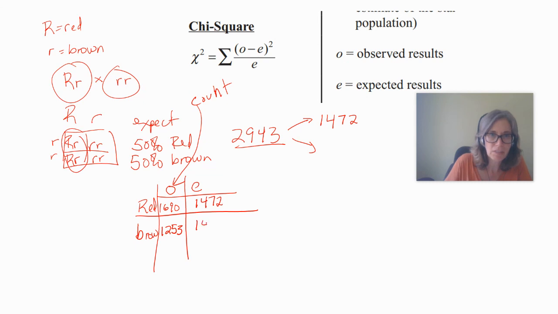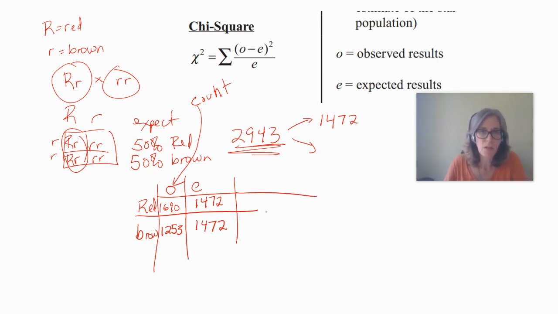And I'm expecting that same number of brown-eyed. They're not going to add up to this exactly because that's odd, but it's going to be close enough. You can actually do the 1471.5 if you want, but since we don't get fruit flies in half numbers, I'm just rounding it up.